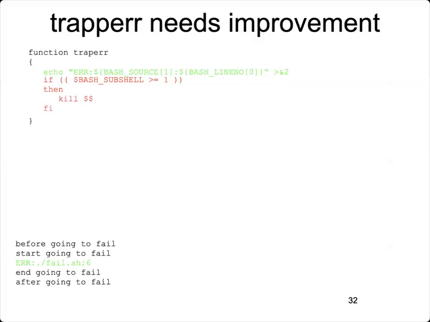Now let's add in that if we're in a subshell, and we detect that with another bash variable, we commit suicide, right? So we issue a kill on our own PID. And now we get a terminated message. We get failed at line 6 and we get a terminated because that was what's new.